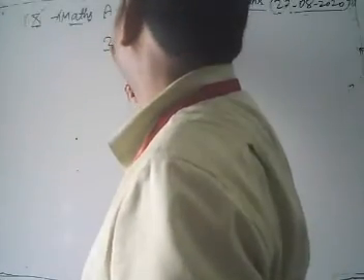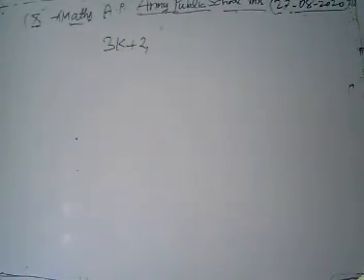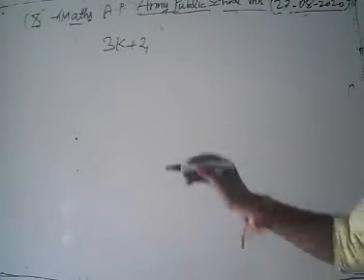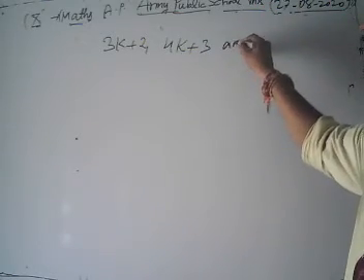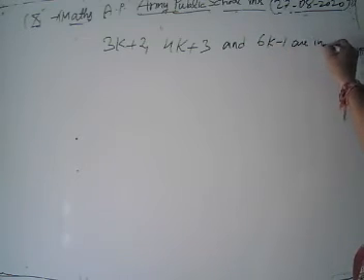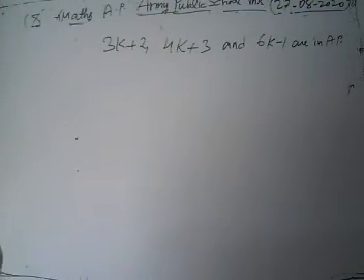For what values of k are the numbers 3k plus 2, 4k plus 3 and 6k minus 1 in AP? We have to find the value of k such that these three numbers are in AP.